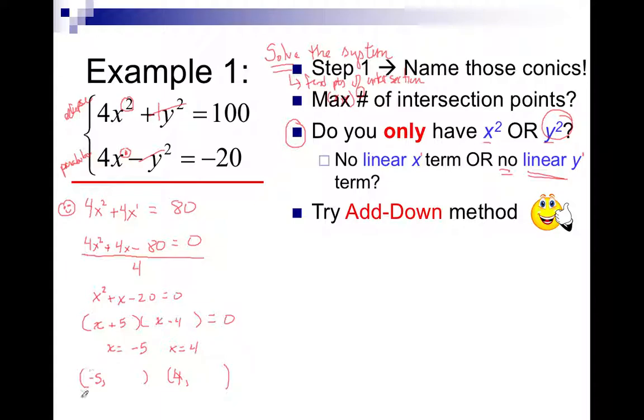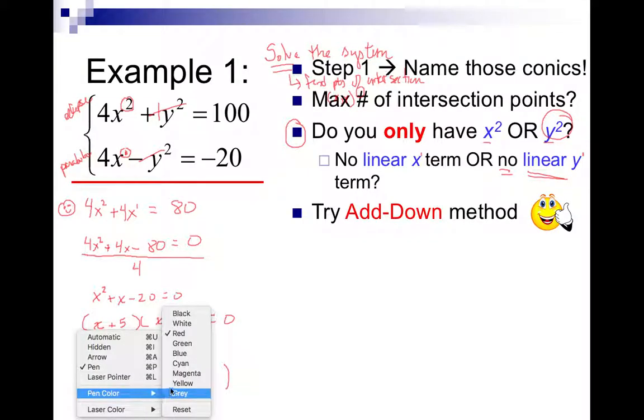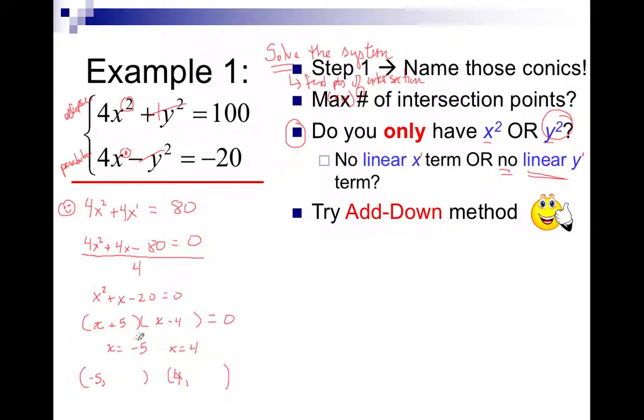Remember what we did in the warm-up. If I want a y and I have an x, what do I do? Take this x and put it back into one of these equations. Now I think I'll put it in this equation since x is only to the first. Why put it up here if I'm going to have to square x, right?